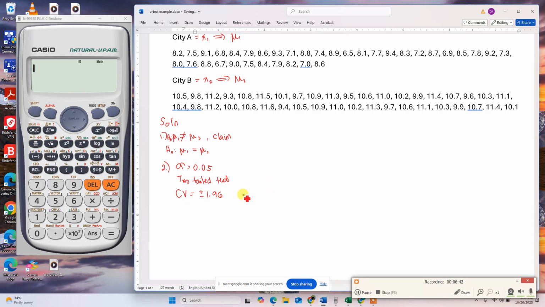If we are going to illustrate the critical value of negative and positive 1.96, you have your normal curve, and this would be our 0. The negative 1.96 would be this boundary or line, and for the positive, this would be 1.96.